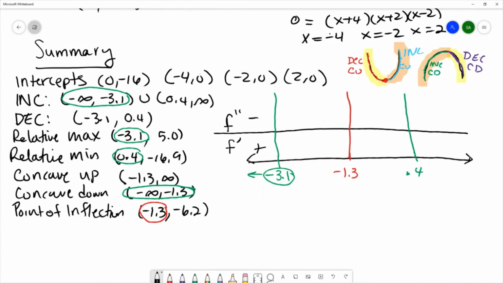Then from 3.1 to negative 1.3, we had the first derivative being negative because it's decreasing. And we had the second derivative being negative because it's concave down.